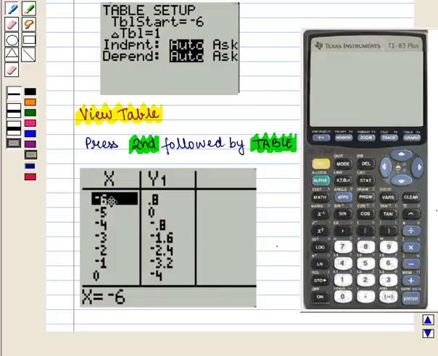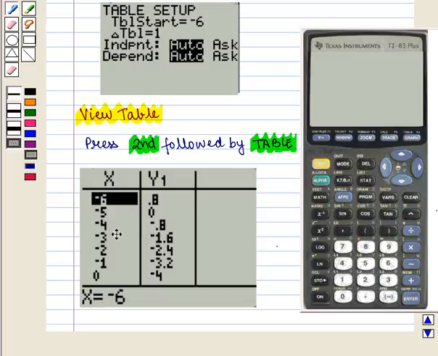See, the values have started from x is equal to -6 and the corresponding y values are automatically generated. Also, the values of x are given as -6, -5, -4 and so on, because we had chosen an increment of 1.